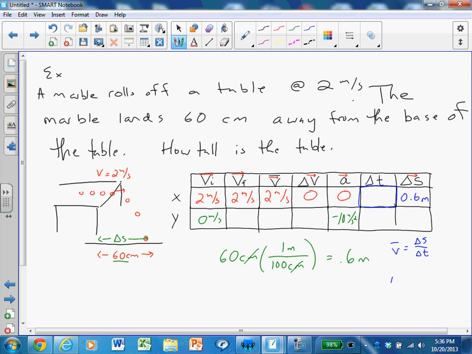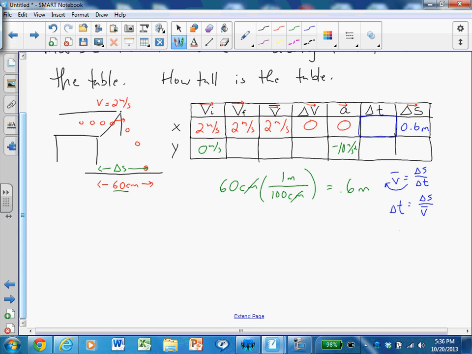So delta t would be delta s over v bar. And delta s was 0.6 meters, and v bar was 2 meters per second. So that gives us a time of 0.3 seconds.